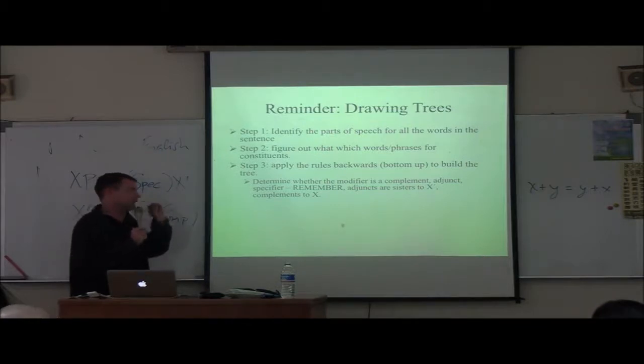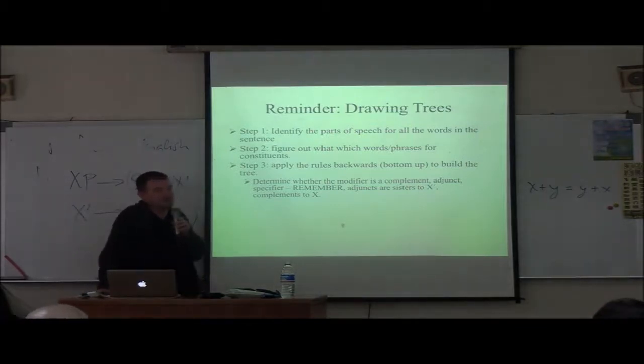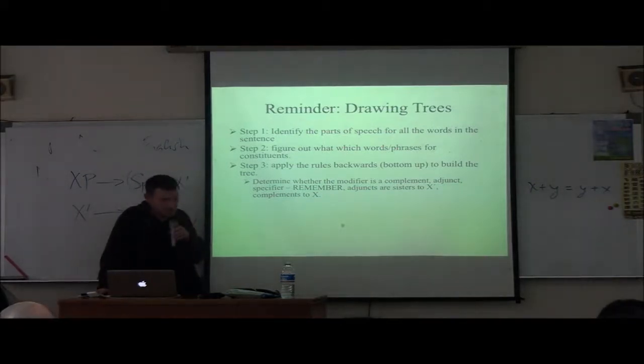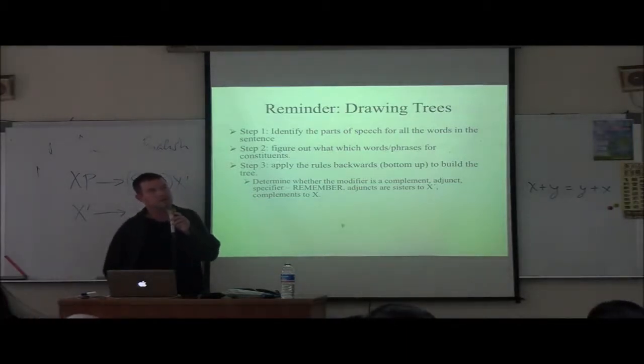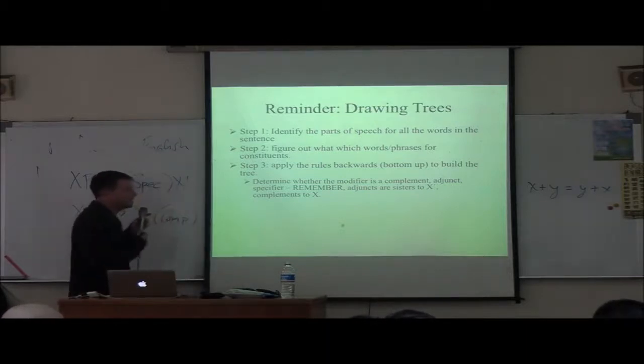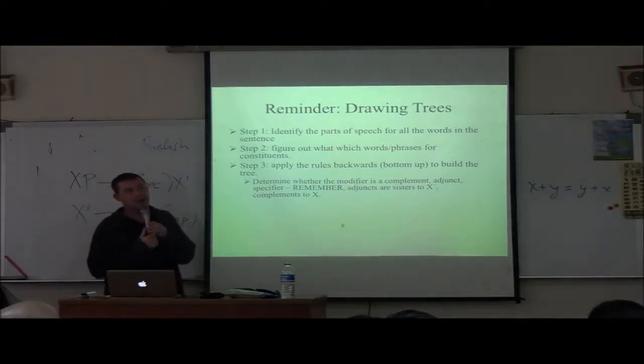You have to test whether or not it behaves like a complement or it behaves like an adjunct. If it behaves like a complement, and only if it behaves like a complement, should it be the sister of a head. If it behaves like an adjunct, it has to be represented in the tree as an adjunct. Adjuncts are not sisters to heads.